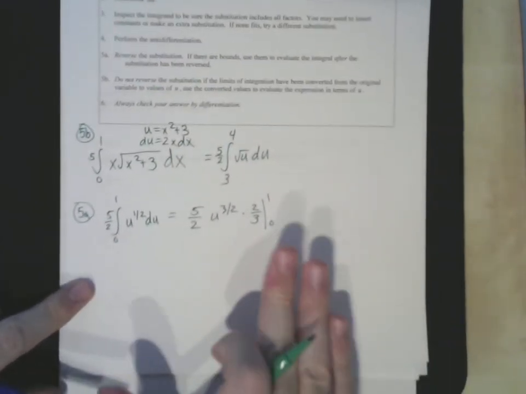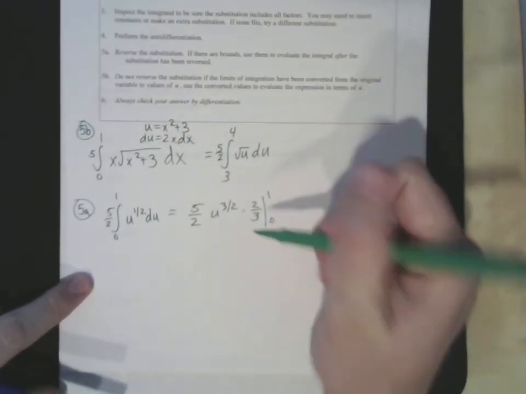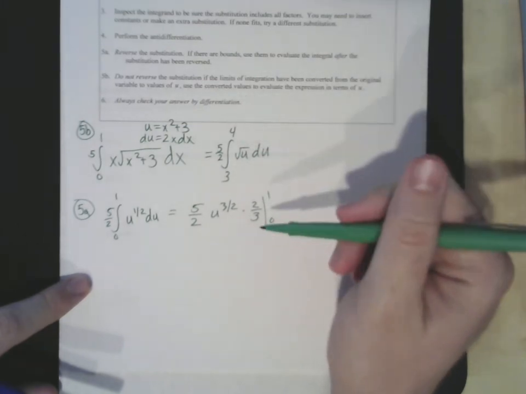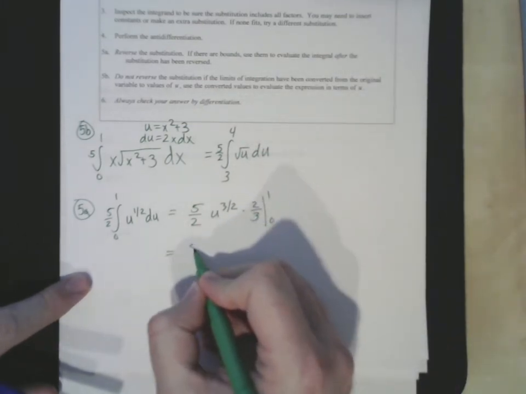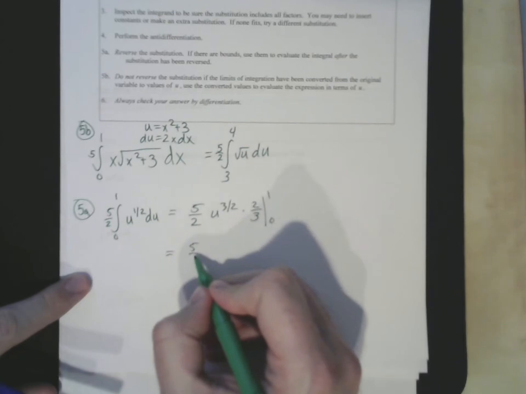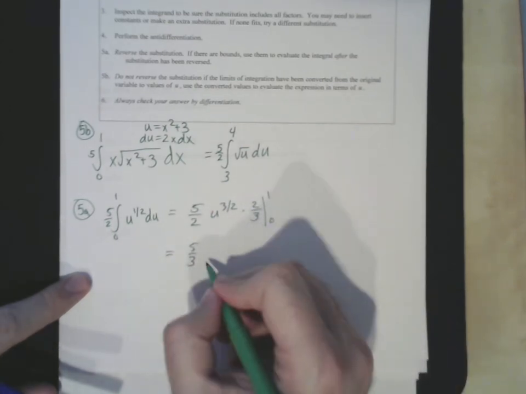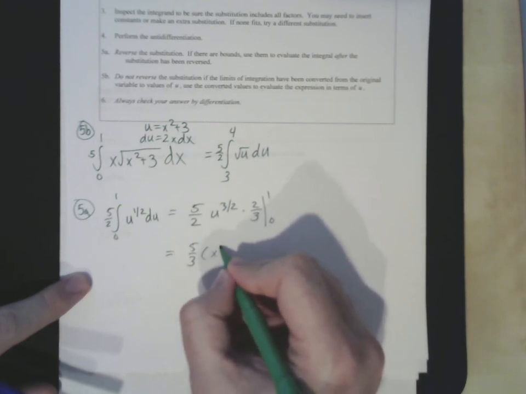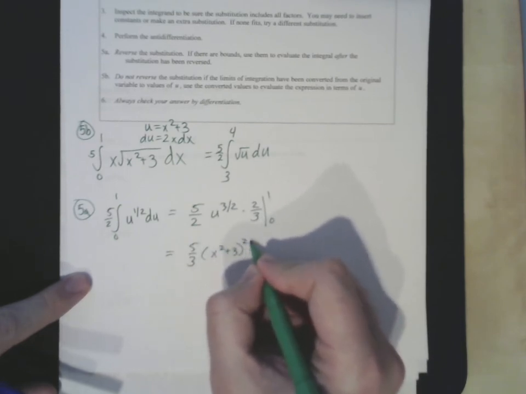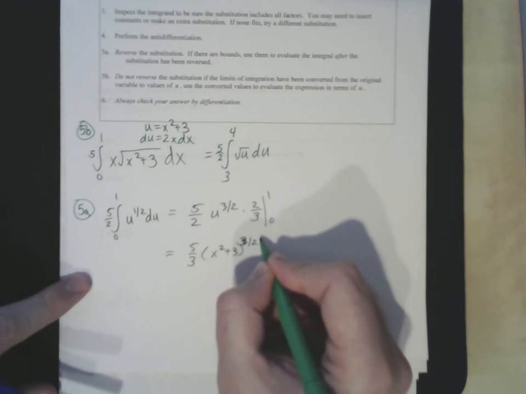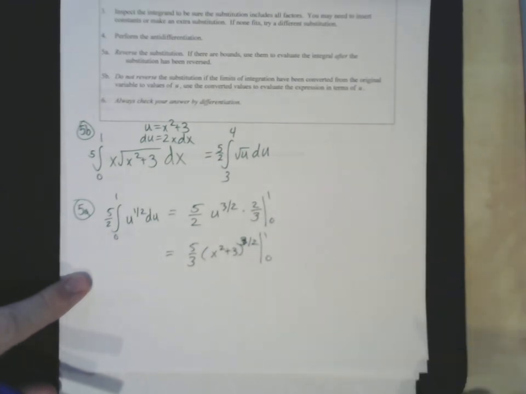So if you don't change your limits of integration, at this point, you could go back and switch them. Or you can write this, simplifying a little bit, 5/2 times 2/3 is 5/3. And then it's x squared plus 3 to the 3/2 evaluated from 0 to 1.